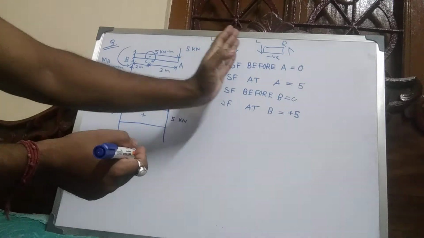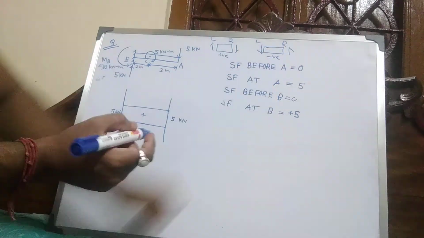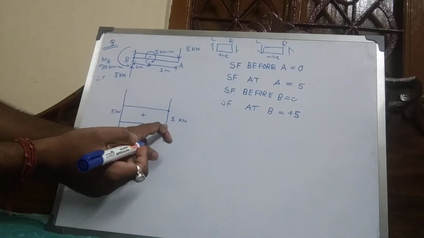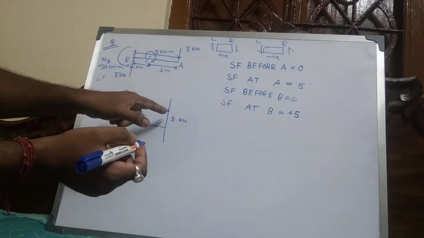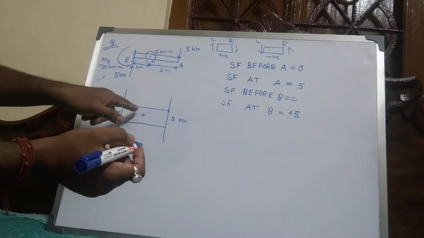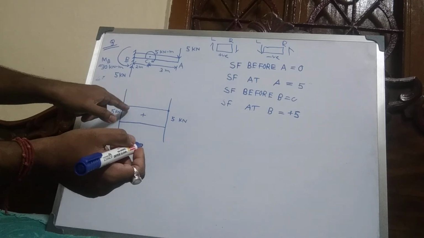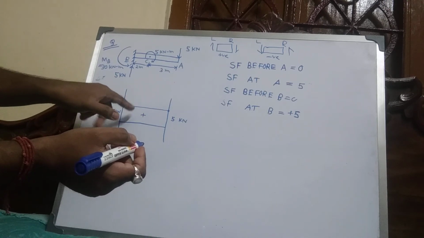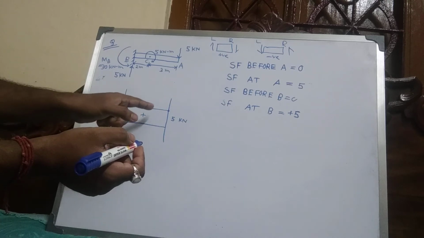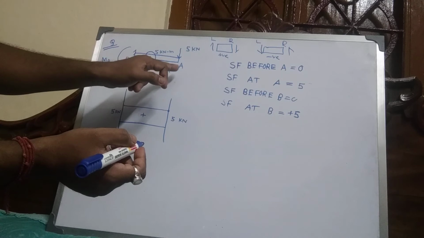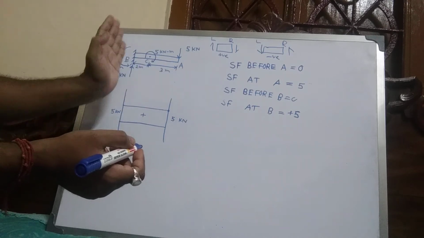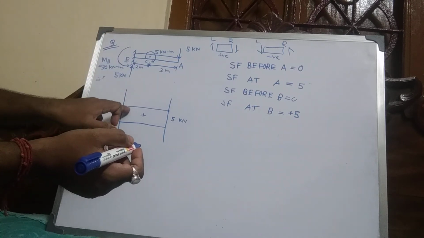Understand, first shear force before A is 0, at A 5, and there is no point load between A and before B, so this is constant.